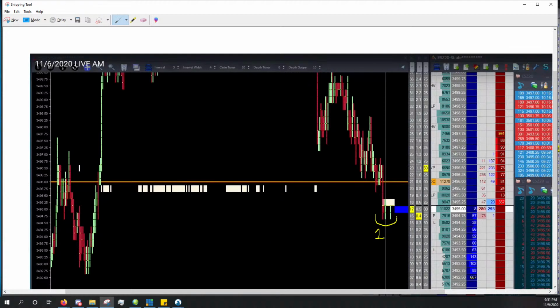So these prices, these little weird high nodes are at 94.75 and 95 even.